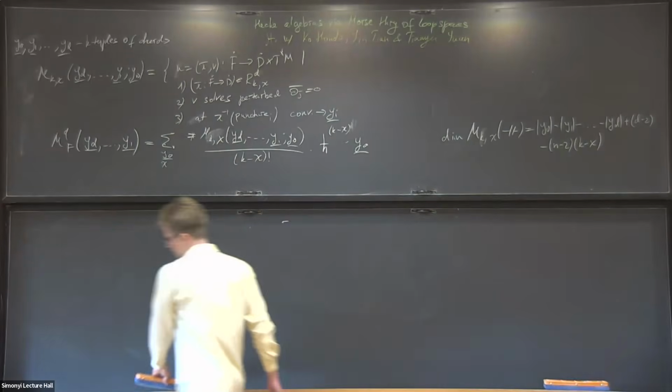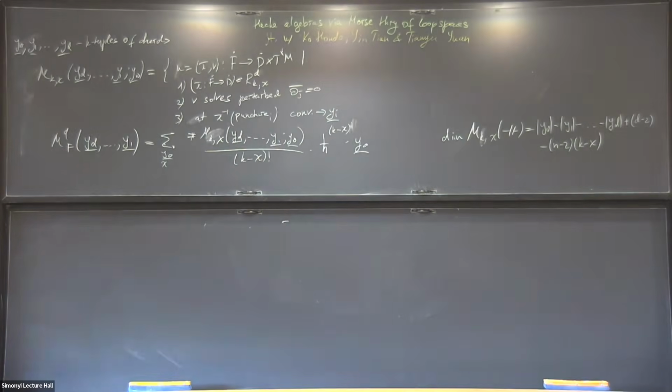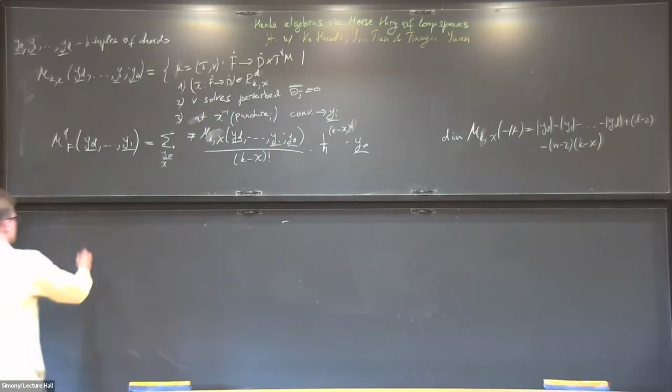Okay. Now the question is how to compute this thing. For this, we introduce a Morse-theoretic model, at least for cotangent bundles. We don't claim that we know how to compute it for any Liouville domain, but it can be defined for any Liouville domain.